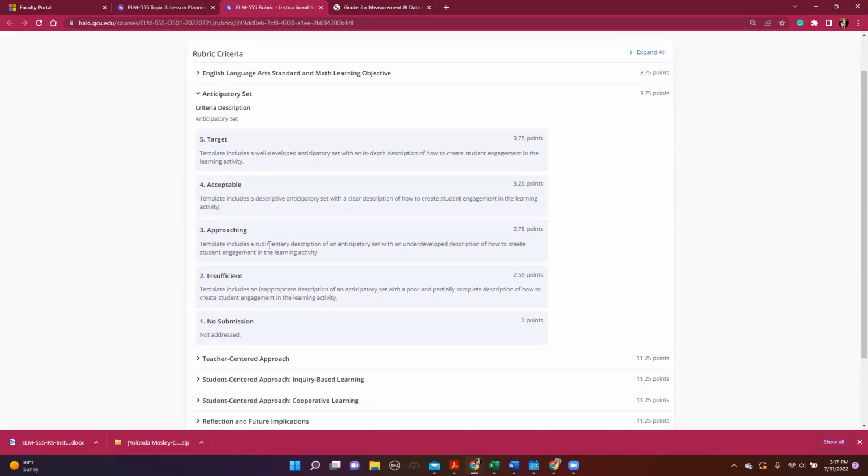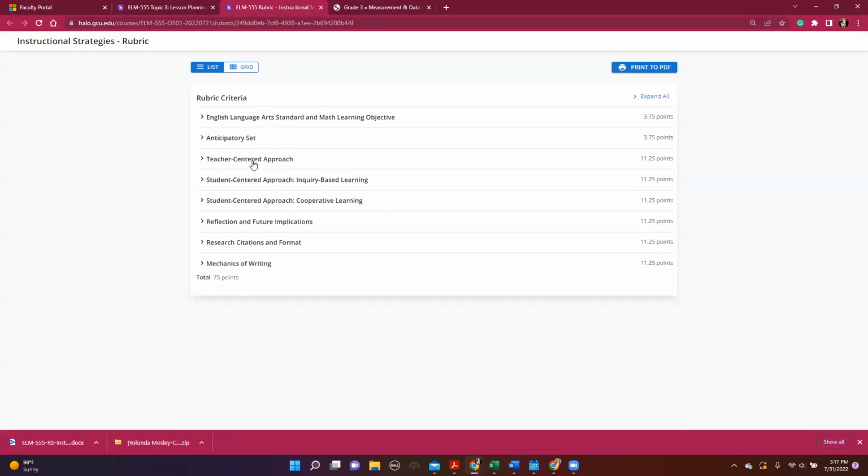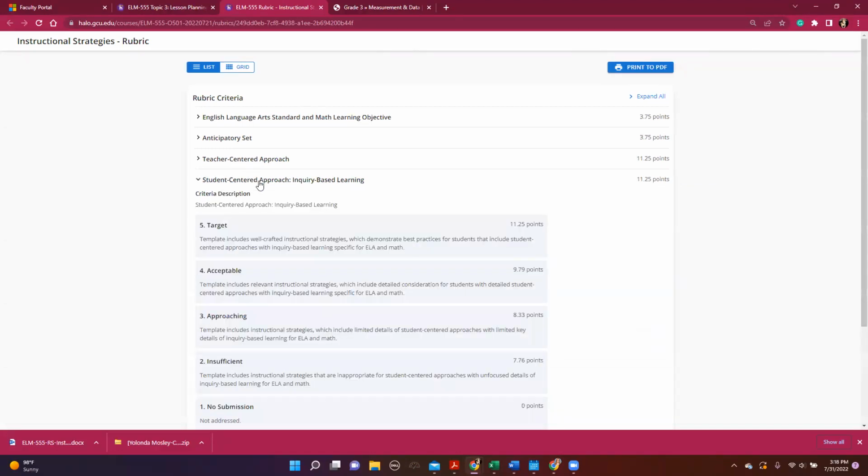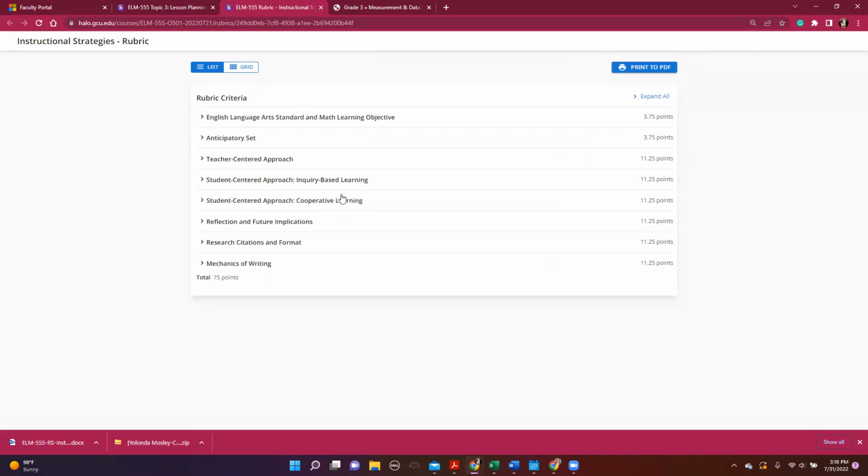If you give me real vague descriptions, you're down here. And then if it doesn't match your standard, it would be inappropriate. Then you have each of those sections that are graded from your template: the teacher-centered approach, the student-centered approach, and then you have your cooperative learning activity, and then your reflection. So pretty well aligned to the template.